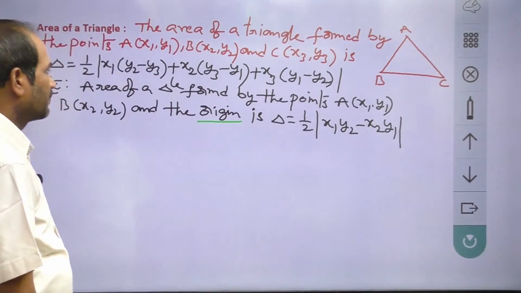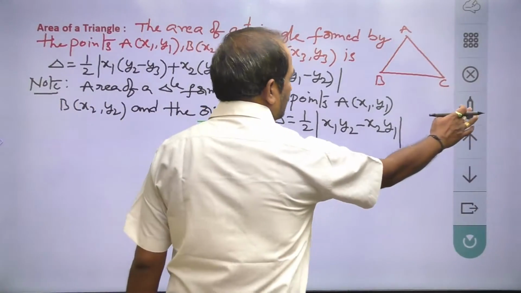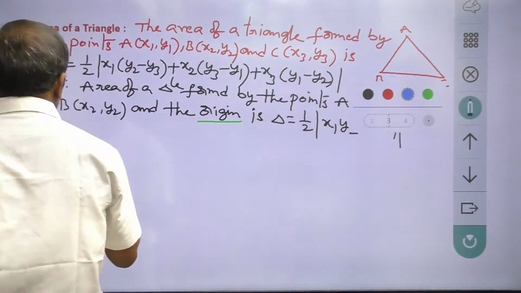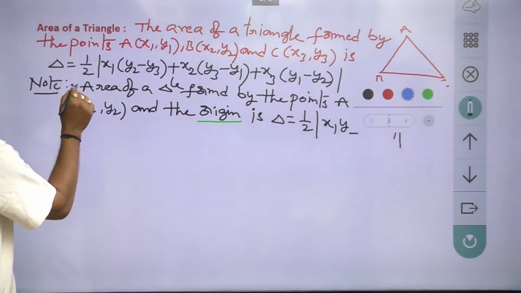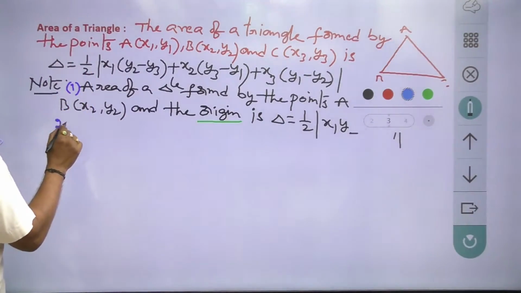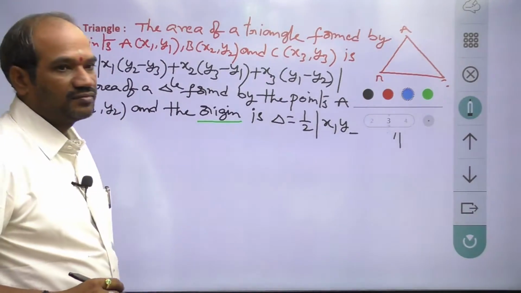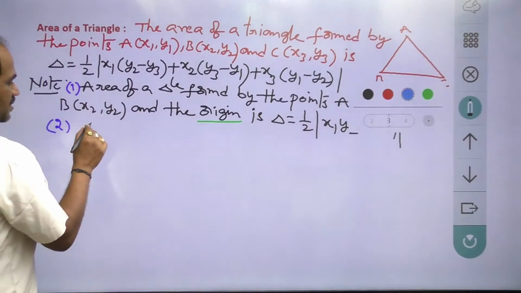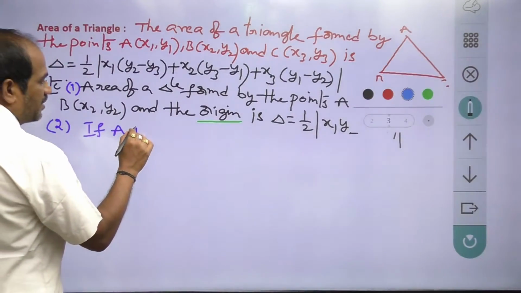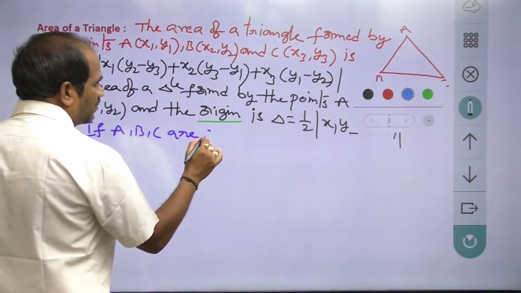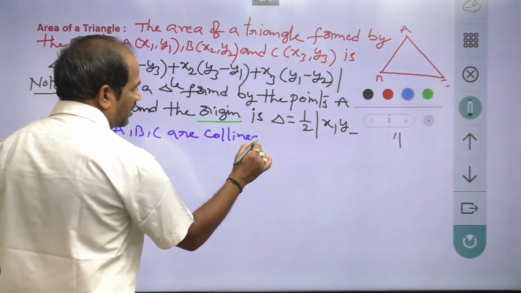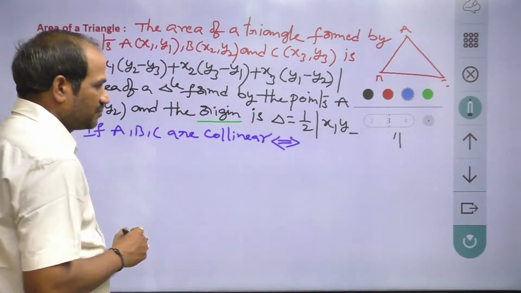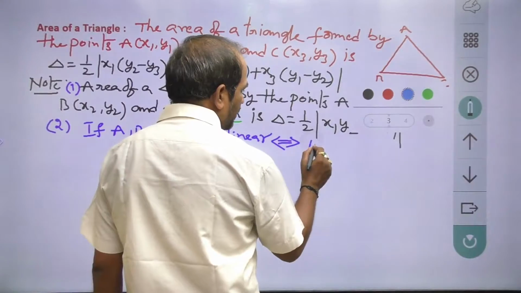So that is the first point. Next, the second point: A, B, C are collinear if and only if, in this formula, the area of triangle ABC is 0.